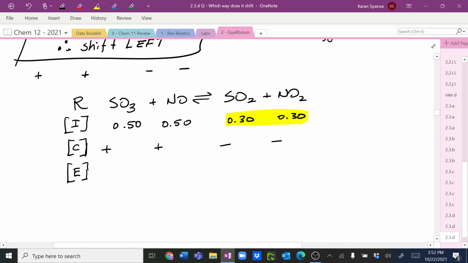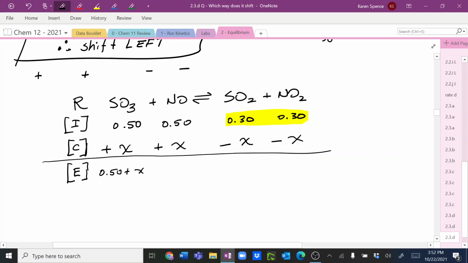And these are all 1 to 1 to 1, so these are going to be changing by X and X and X and X. And then when we add all that up, we get SO3 0.50 plus X, NO 0.50 plus X, SO2 0.30 minus X, and NO2 0.30 minus X.